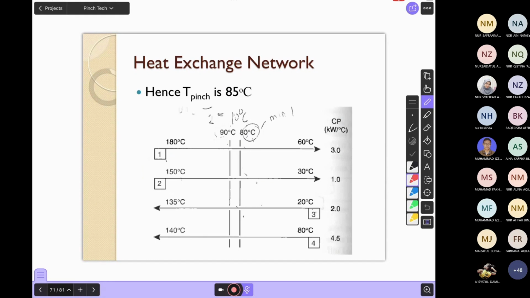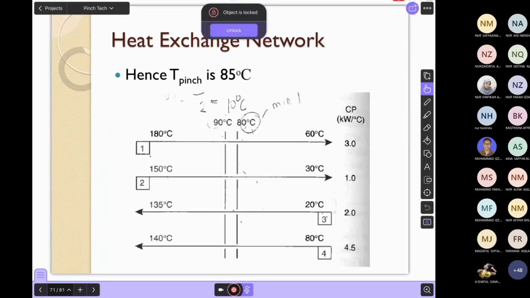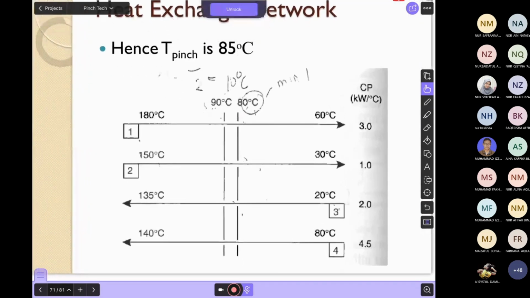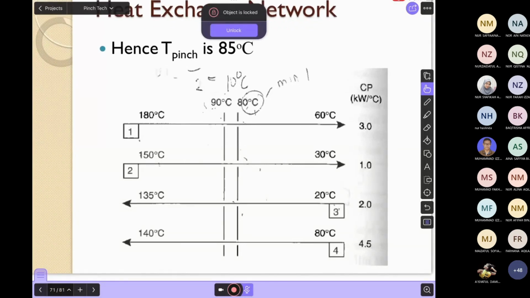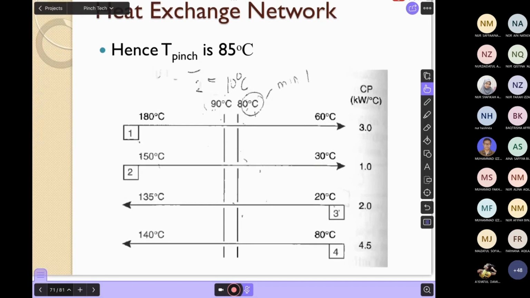You just copy first how much heat load you need here. For example, here is the first row, make it bigger. You need about 360 kilowatt.